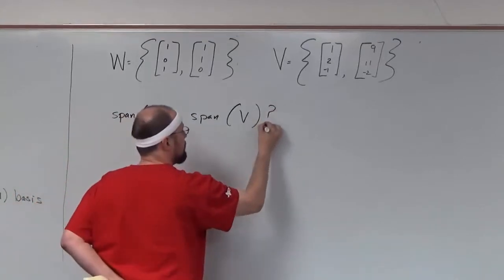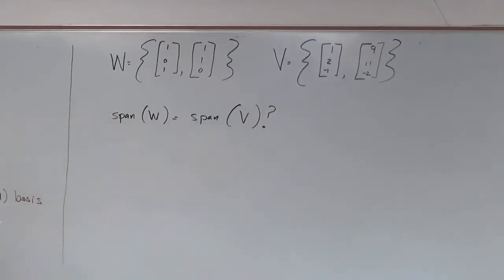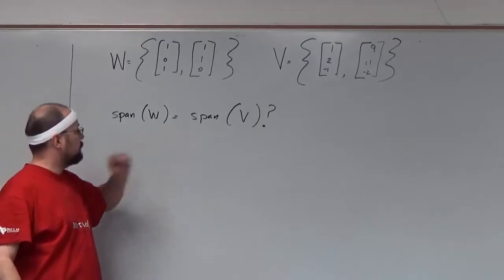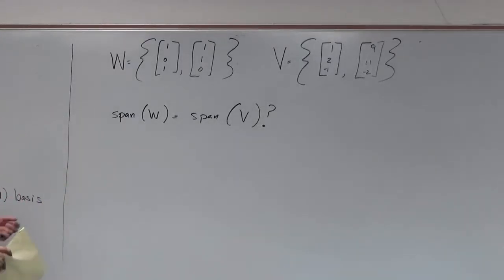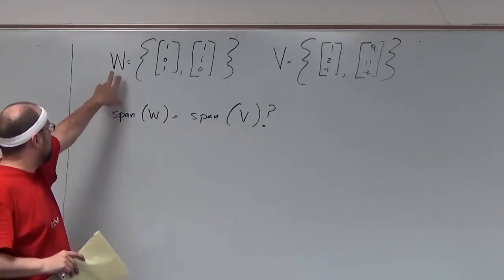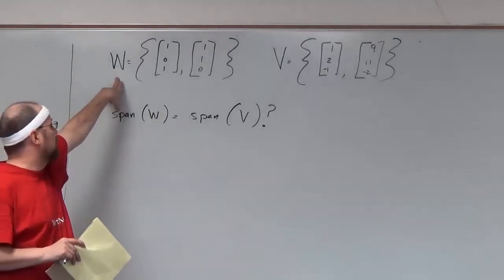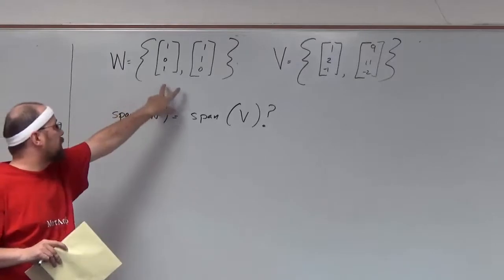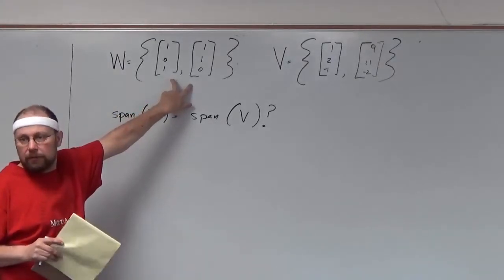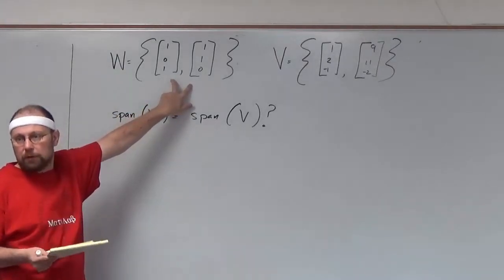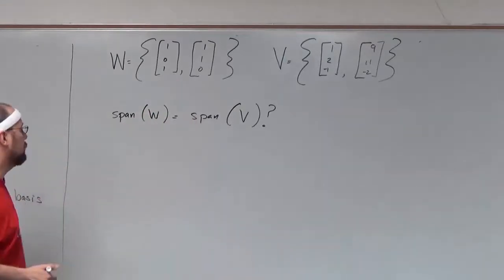Question. So how would we go about trying to check whether indeed this is true? Well, if you take any vector in the span of W, you know that you can express it as a linear combination of these two vectors by definition, because everything in the span is some linear combination of those two vectors.